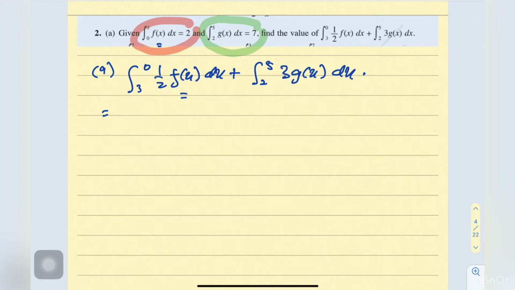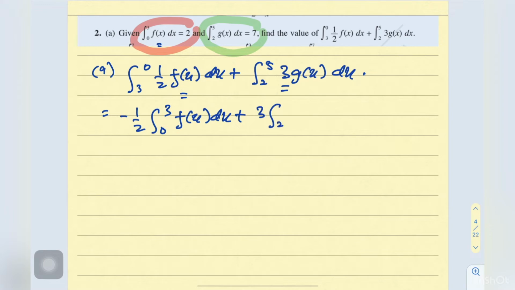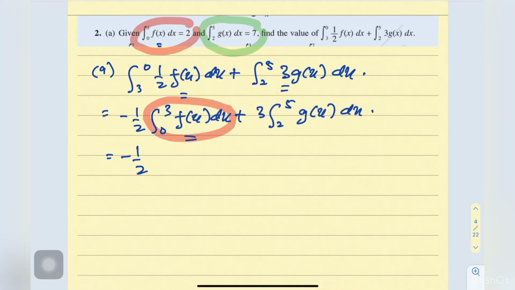Okay, and 1 over 2 we can move out, so negative 1 over 2 times integral from 0 to 3 of fx dx, plus this one, 3 we can move out, 3 times integral from 2 to 5 of gx dx. Okay, so negative 1 over 2 times the fx integral, which equals to 2.